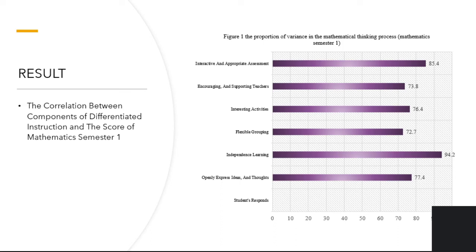We can see here independent learning 94.2%, openly expressing ideas and thoughts 77.4%, interesting activity 76.4%, encouraging and supporting teacher 73.8%, flexible grouping 72.7%, and interactive and appropriate assessment 85.4%.